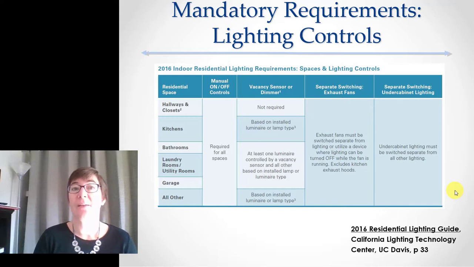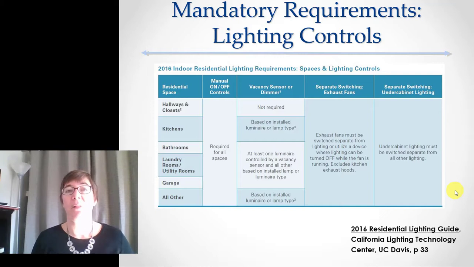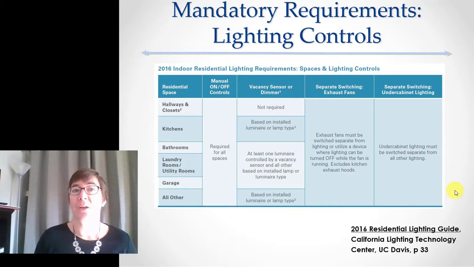Our second category of mandatory requirements for residential lighting in California are lighting controls. And here is a table of those lighting control requirements from your residential lighting guide.